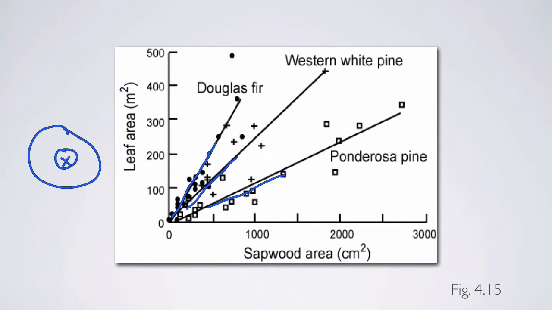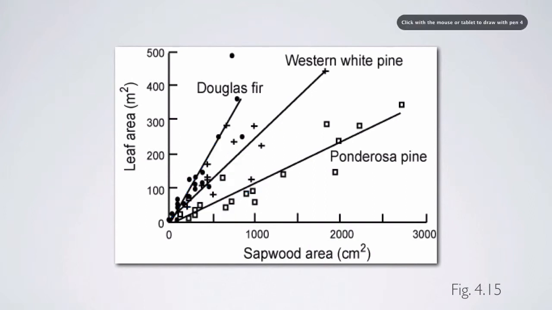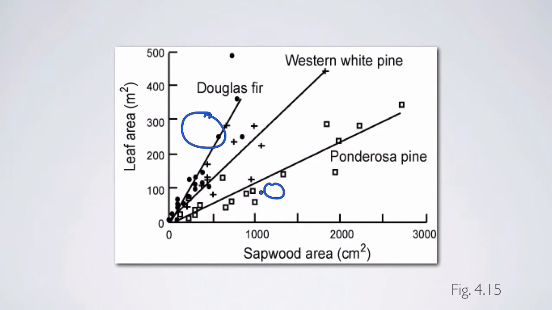So Douglas fir tend to be in relatively mesic or wet places. You can see that for a given amount of sapwood, you have a lot more leaf area for Douglas fir than you do for ponderosa pine, which tend to be in drier areas. The reason for that is primarily how the xylem are built. Douglas fir is going to have relatively large xylem, and ponderosa pine relatively narrow xylem.